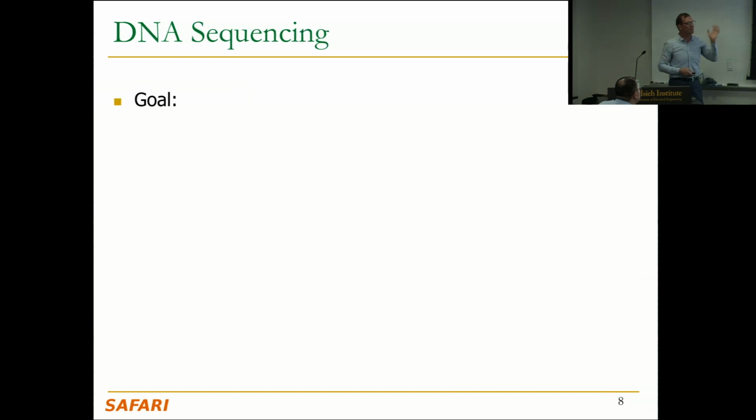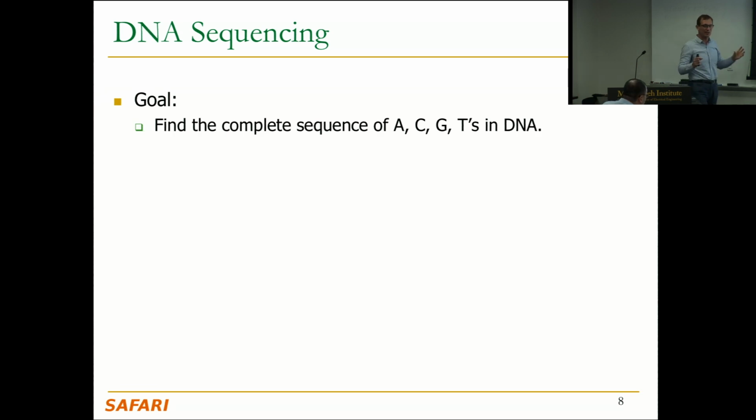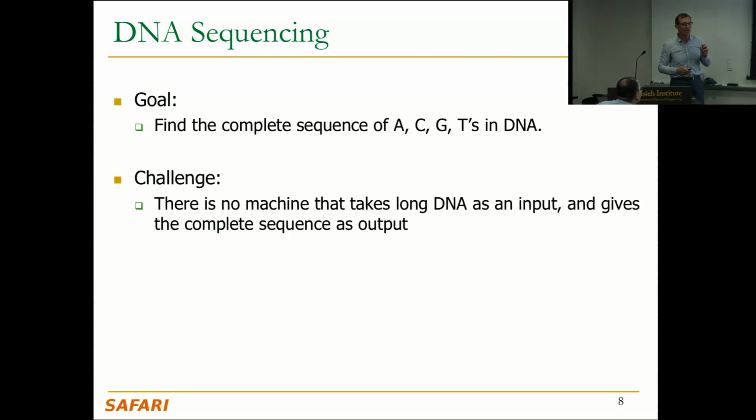So basically, in genome sequencing, the goal is to find the complete sequence of these bases or base pairs in someone's DNA, ACGTs. The challenge is there's no single machine that exists yet, at least, that takes the long DNA as input and gives you the complete sequence as output.